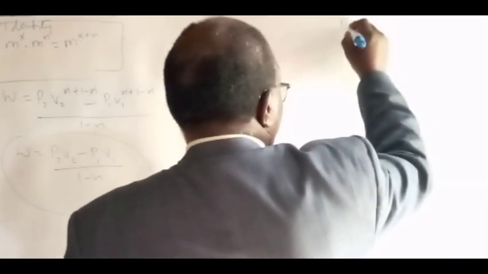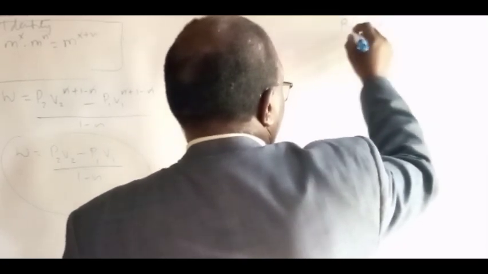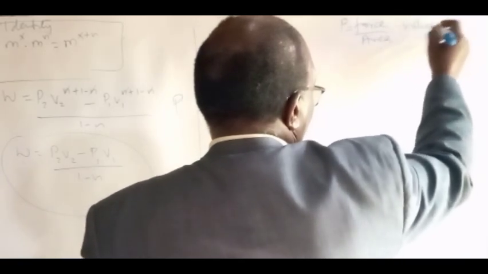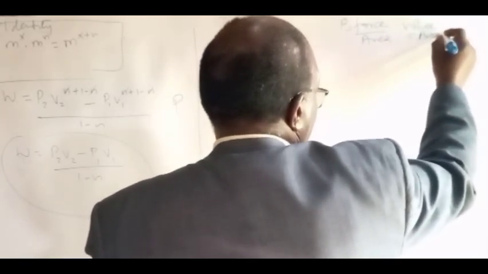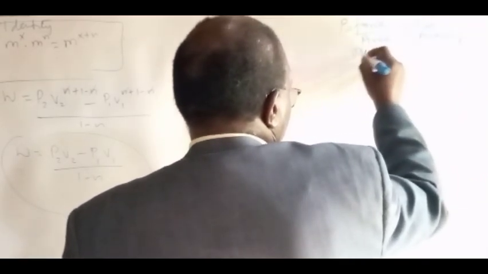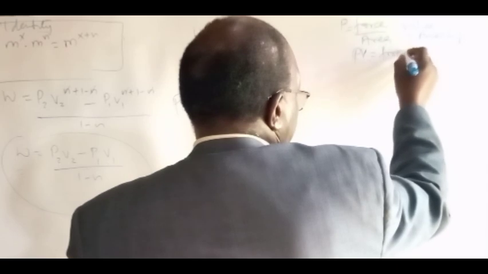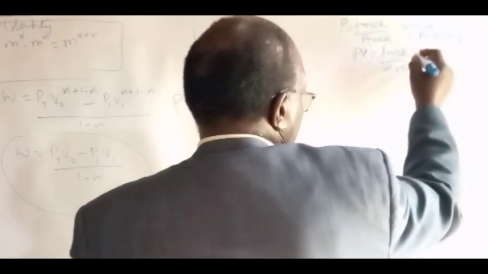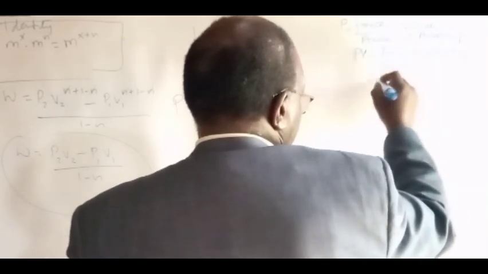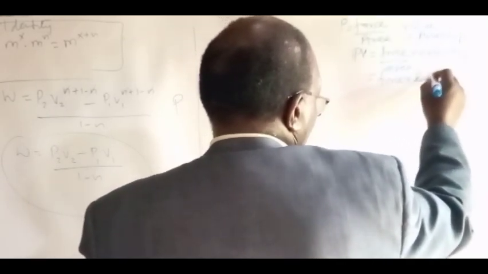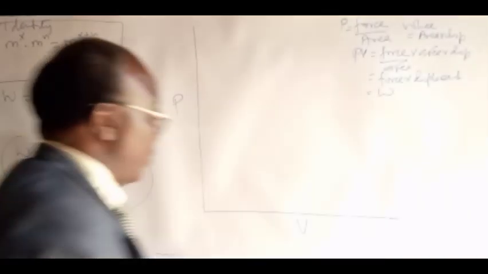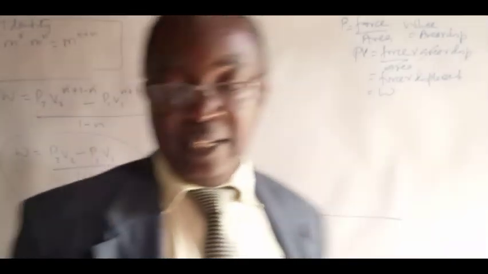Because remember, pressure is force over area, and volume is area times displacement. So pressure times volume is simply force over area times displacement. The areas cancel out, and you are left with force times displacement, which is work. So the area under those curves will definitely represent work.